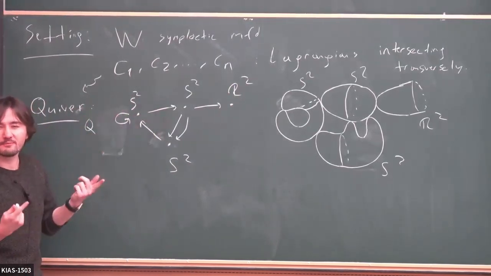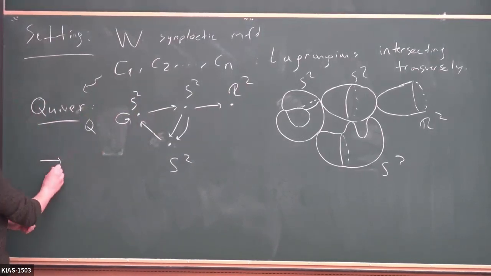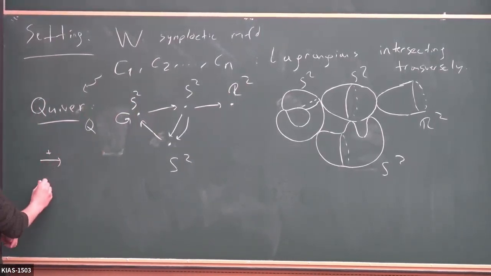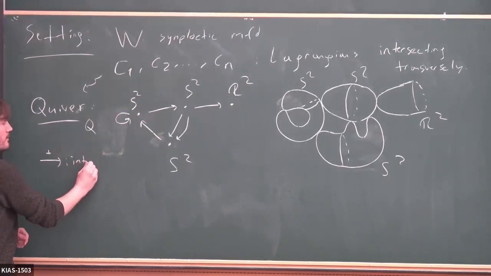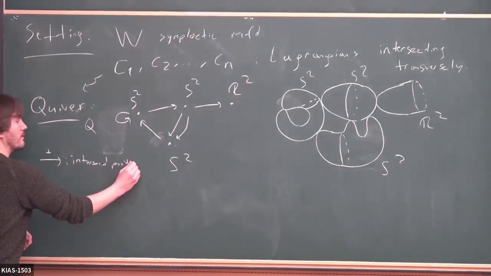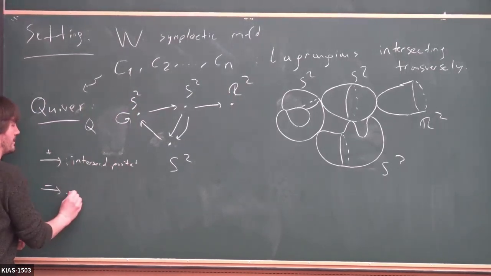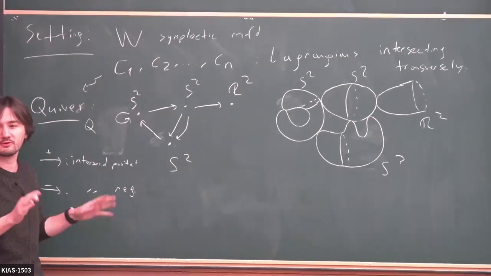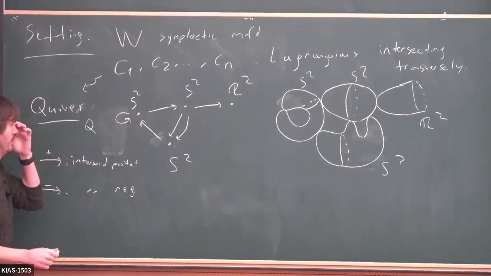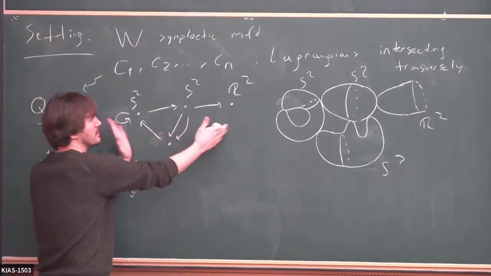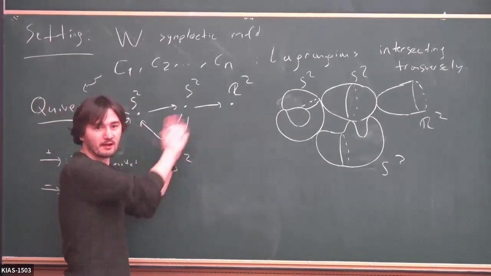So what does an arrow mean? Actually, I should decorate with plus minus, but I will ignore that in this talk. So this means intersects positively. This means intersects negatively. But let's assume everything is positive, just for simplicity. So if I decorate like this, from this picture, I can get this kind of topological picture back.